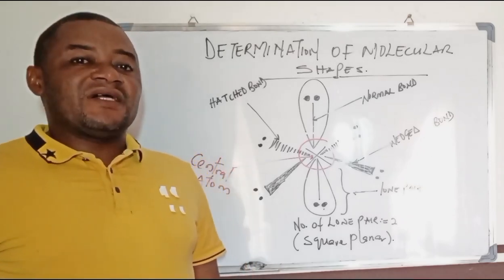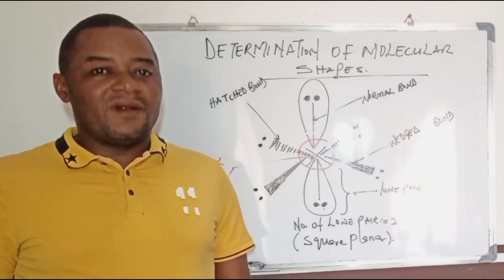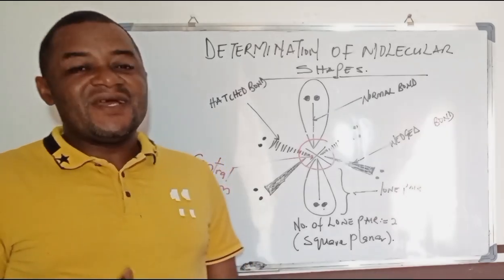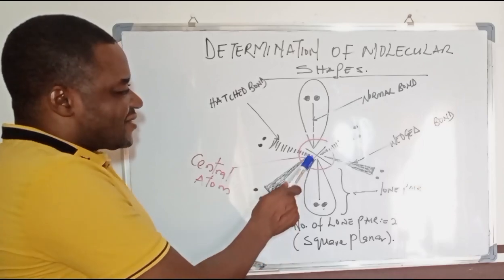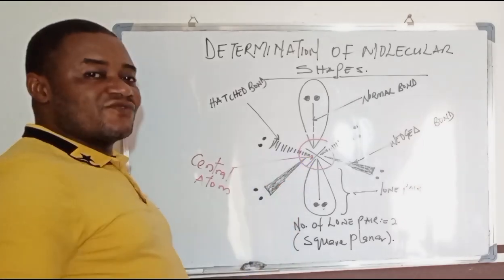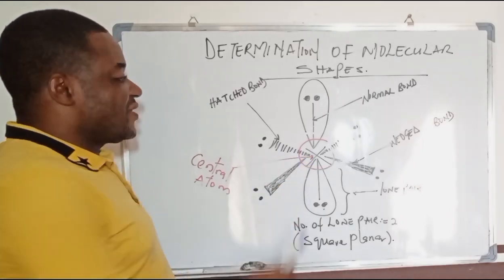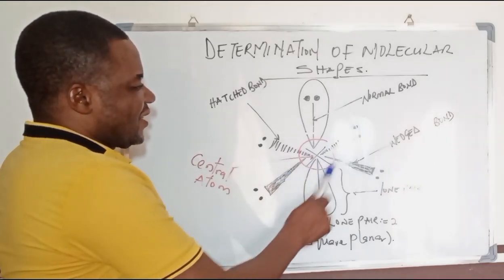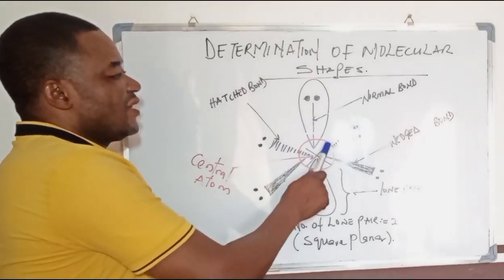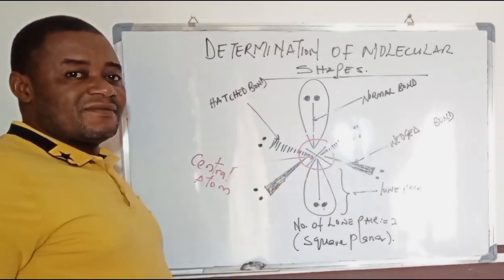This central metal atom controls a whole lot as far as the shape of a molecule is concerned. If you take a look at this diagram, the X that is written here is the central metal atom. This central atom bonds itself with other atoms.